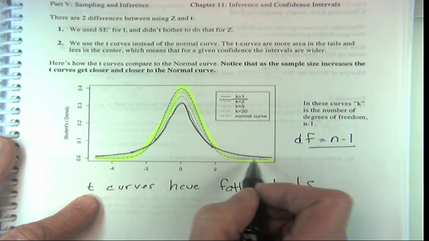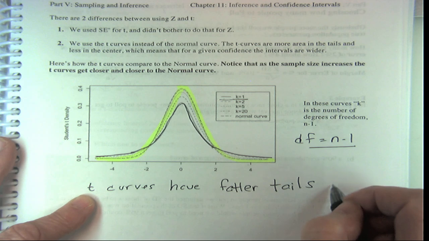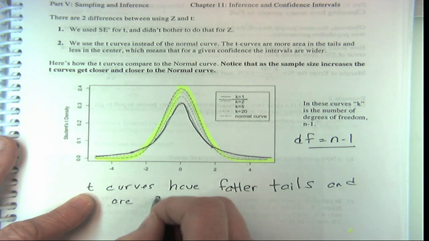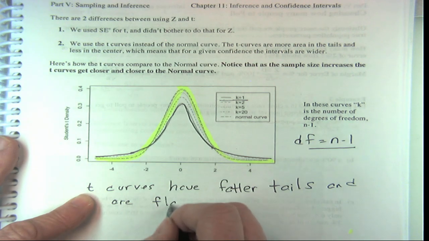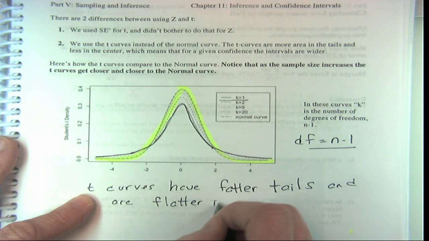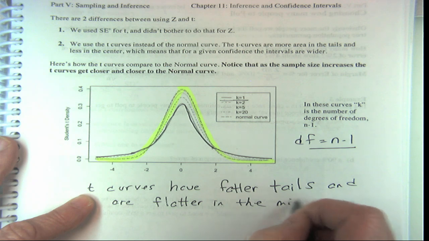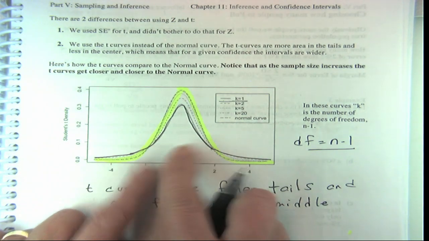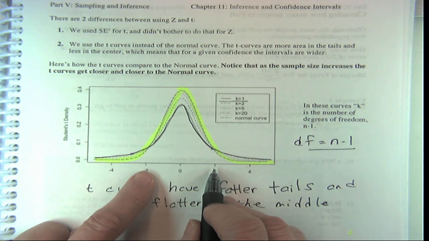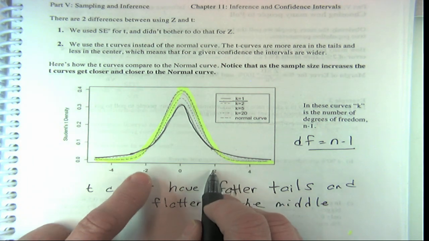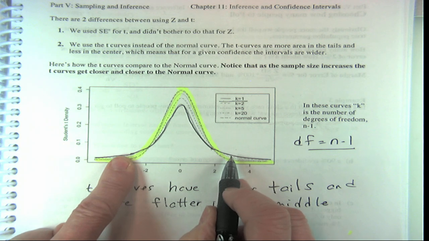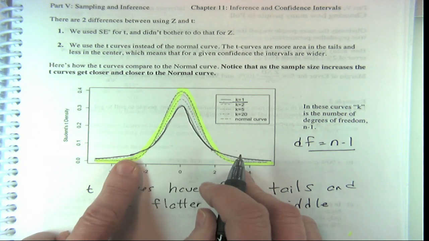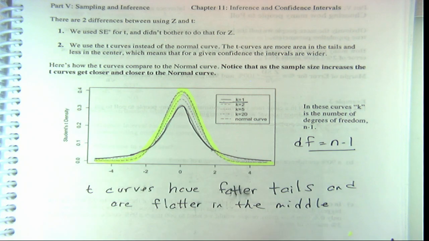See how it's much fatter in the tail? And they are flatter in the middle. So when we're doing confidence intervals to get that middle area of 95% with the z, we can go between 2 and negative 2. With t, we're going to have to go further out because it's flatter in the middle to get that 95%. So our critical values of t are going to be bigger.